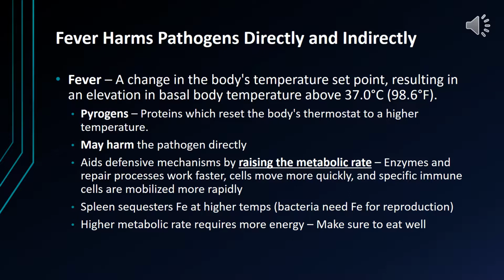And when we have a fever, the spleen begins to sequester iron due to the higher temperature, and iron is needed by many bacteria for reproduction, so this is a way to begin shutting down bacterial growth and reproduction.